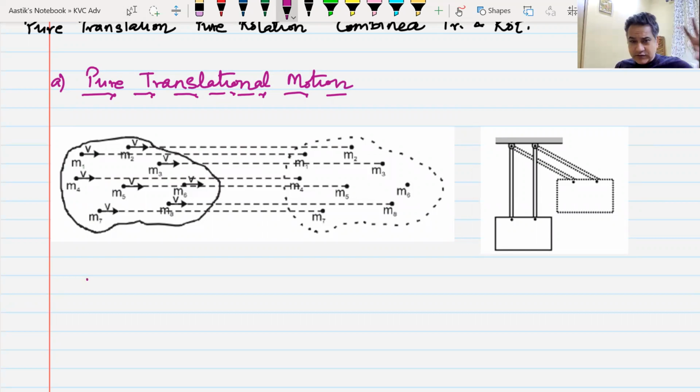Here, in the first case, your body moves like this. It could also move like this. Now, how can you tell me what is pure translation?